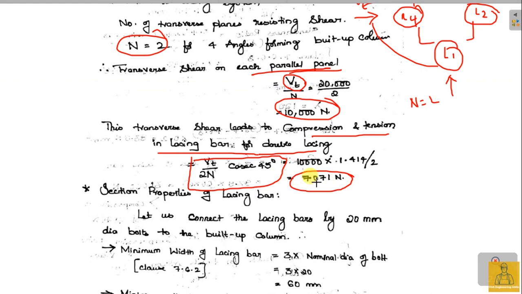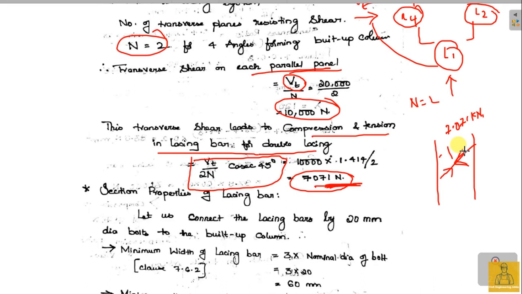This is the amount of force coming into this lacing system. If this is the lacing bar, the compressive force in this lacing bar is around 7.071 kilonewton. So now you know this much force is coming onto each lacing bar, either tensile or compressive in nature.